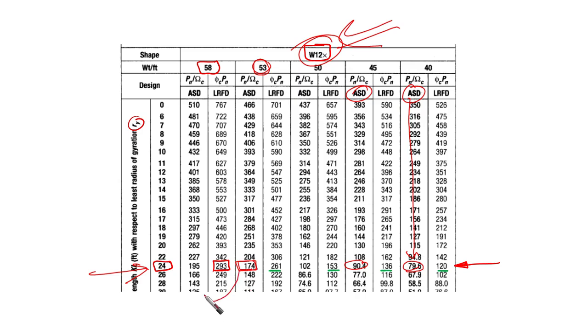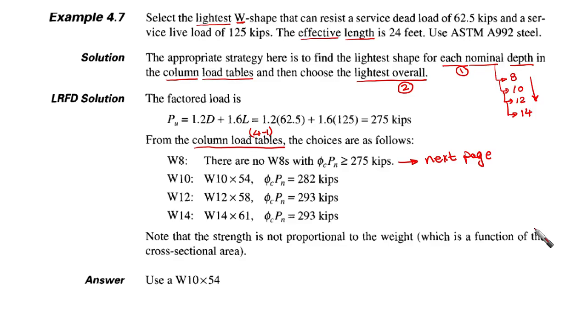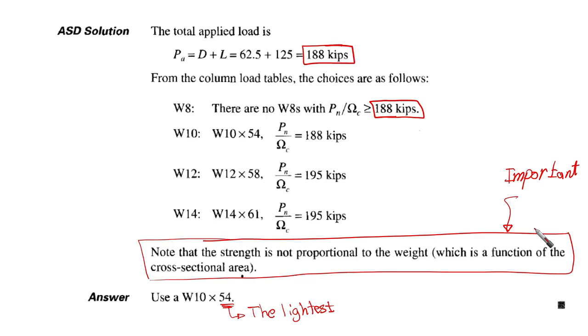The next one provides us 195, which is W12 by 58. So this means that W12 by 58 provides for us available strengths of 195.